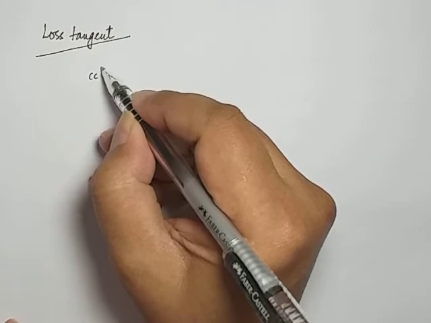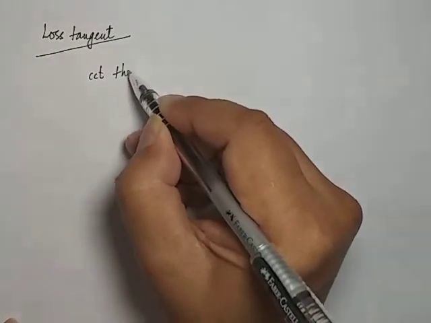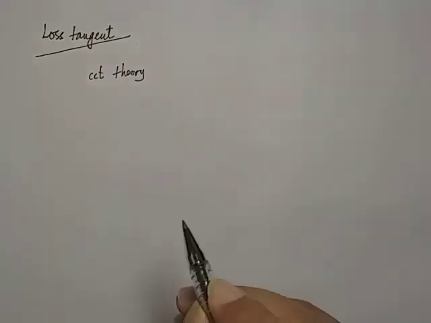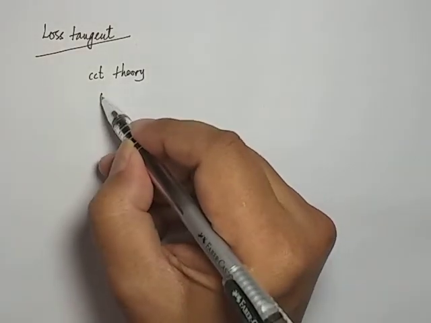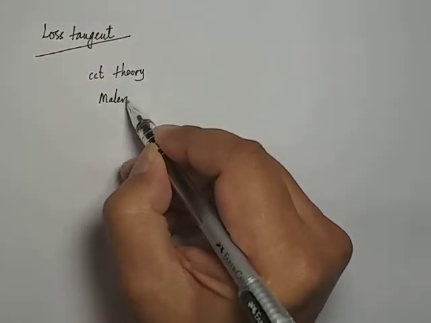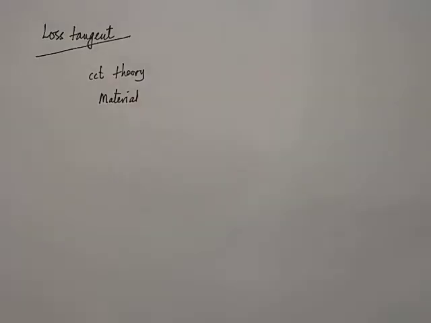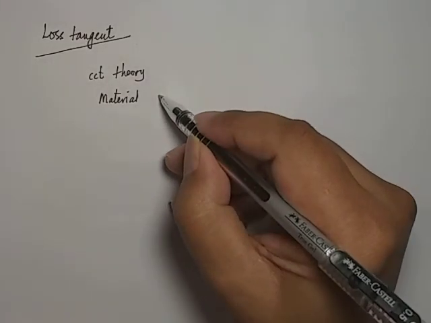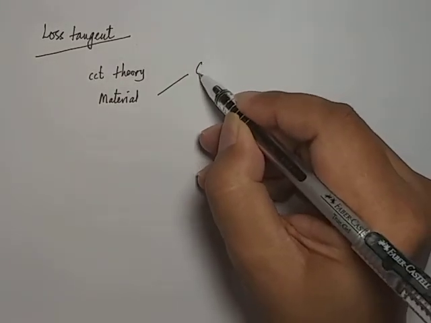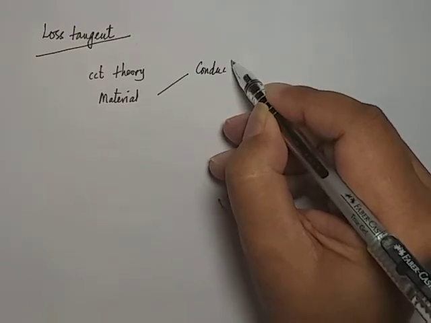Okay, so in circuit theory, yeah, you just put the word circuit theory. So how do we categorize material? Okay, material. So we have very simple conductor. What else?